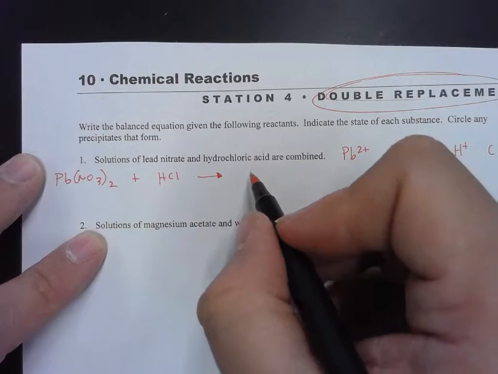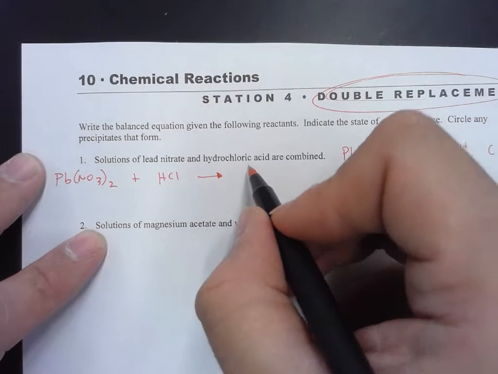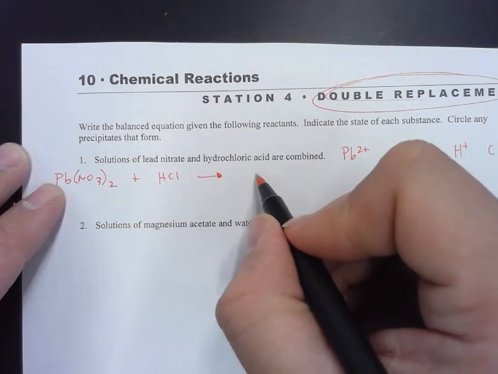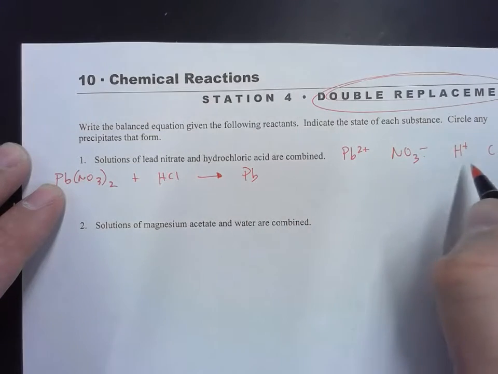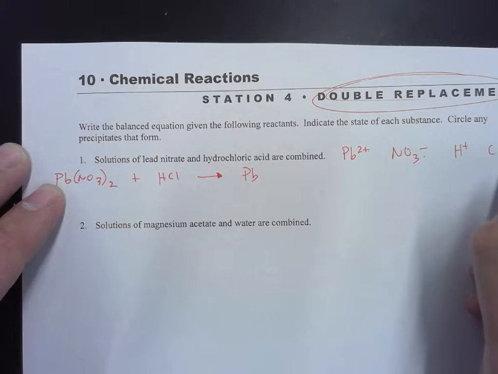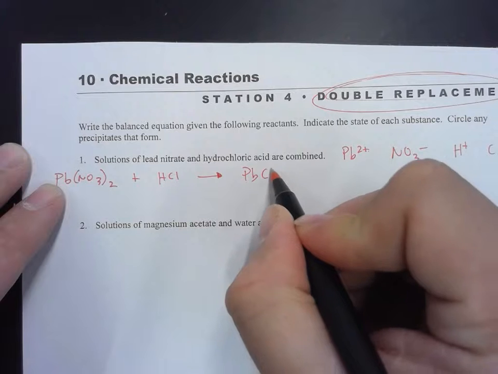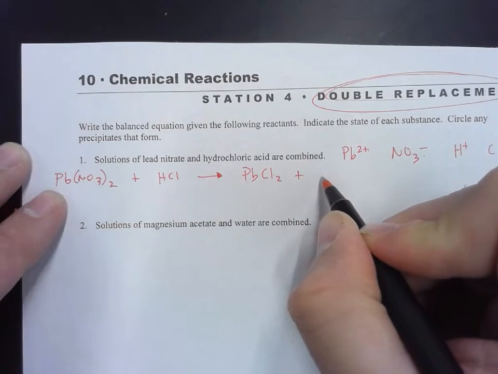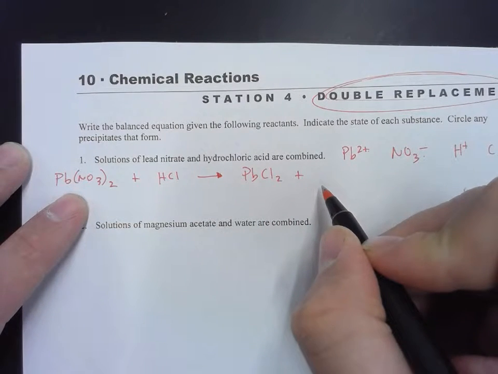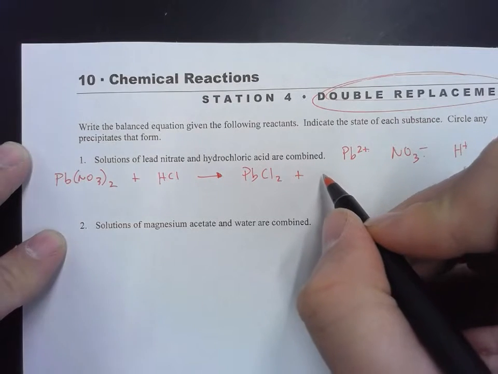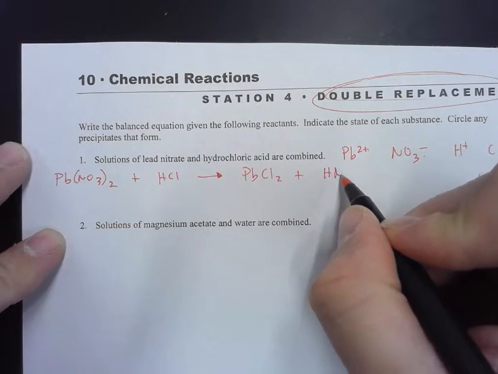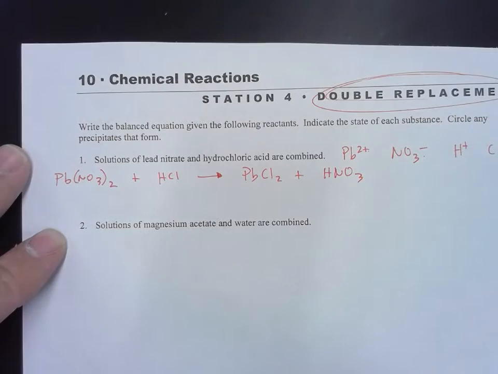So you get HNO3. Actually, let's go ahead and do this. PbCl2, right? Plus HNO3. That's interesting. HNO3.